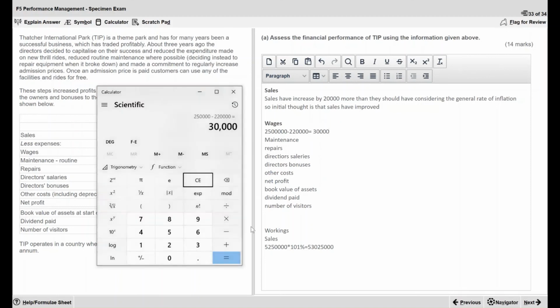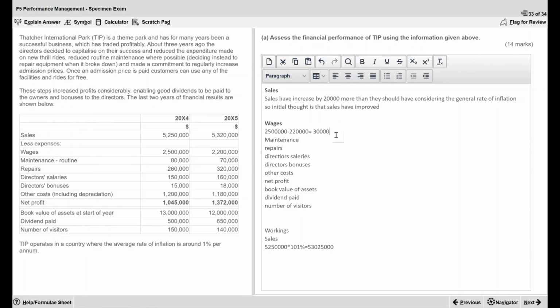If we want to convert that to a percentage, 30,000 divided by 250,000, that would suggest a 12% decrease. Wages have decreased by 12%, which would seem like a good thing.